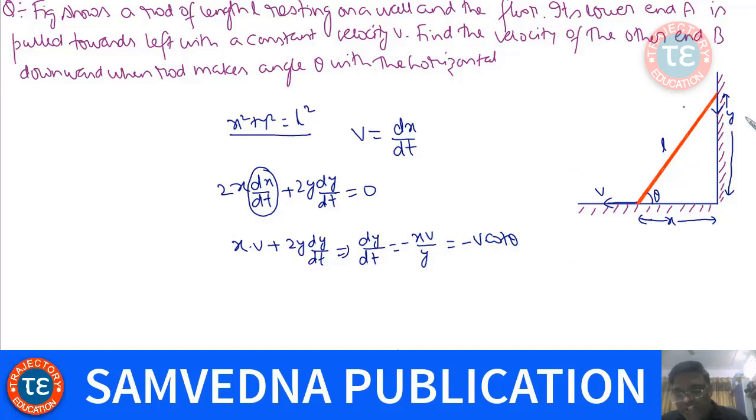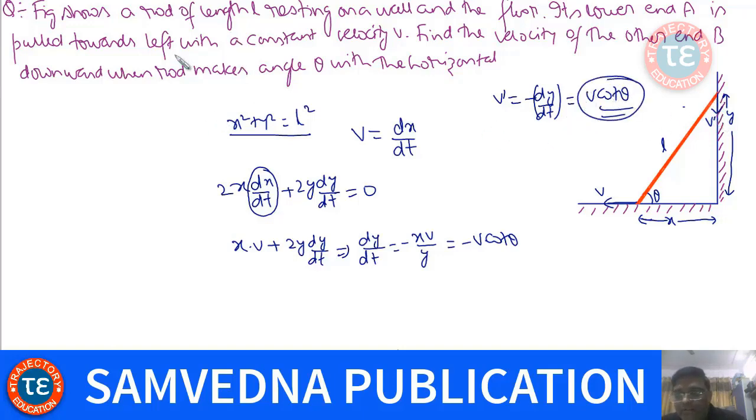So your velocity in this direction is going to be, suppose this is v dash, so v dash is what? Minus dy by dt. Why minus dy by dt? Because as the time passes on, y is falling, so dy by dt is inherently a negative term, so minus I will make it positive, that is v cot theta.